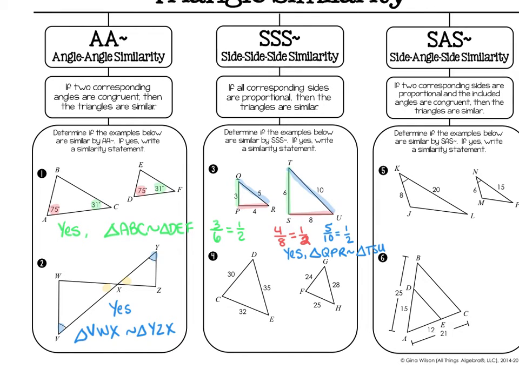In the next example, example 4, we're going to do the same thing where we write our ratios and then compare them. If all three ratios are the same, that means all three sides are proportional, and we can conclude that the triangles are similar. So let's see, we're going to first look at CD, which is 30.